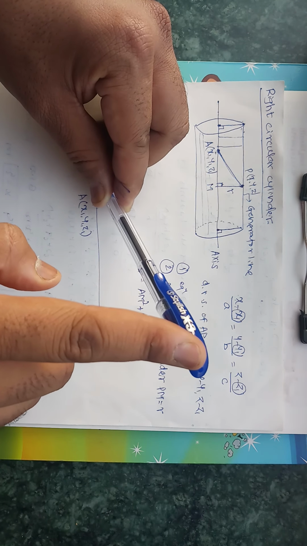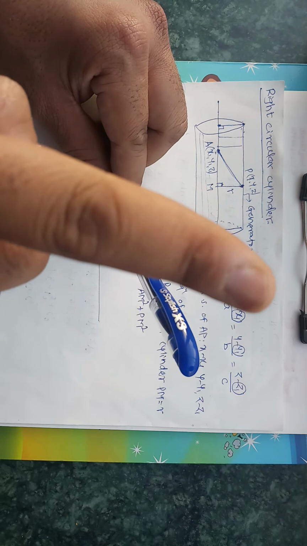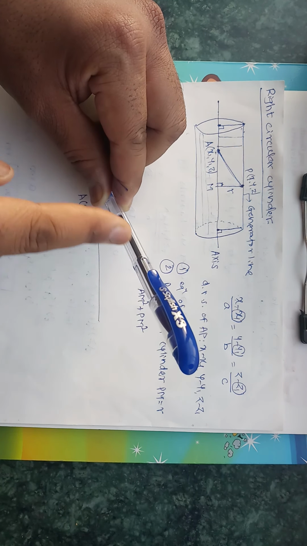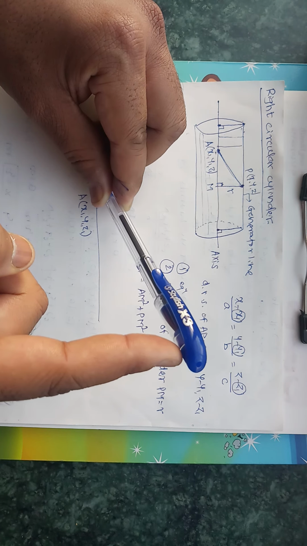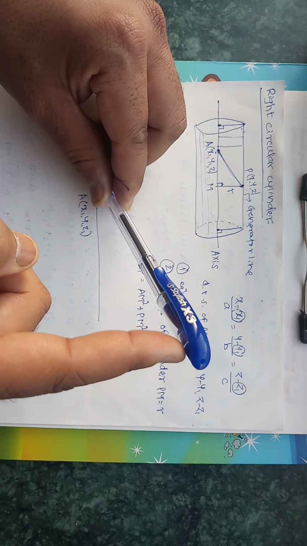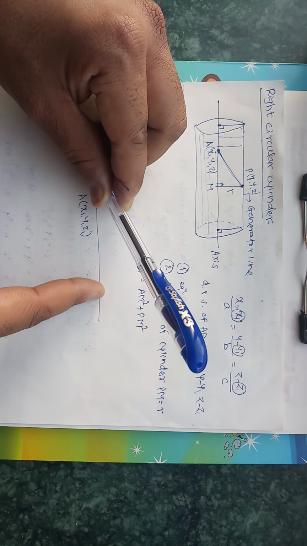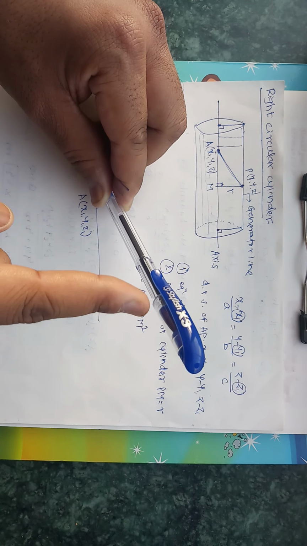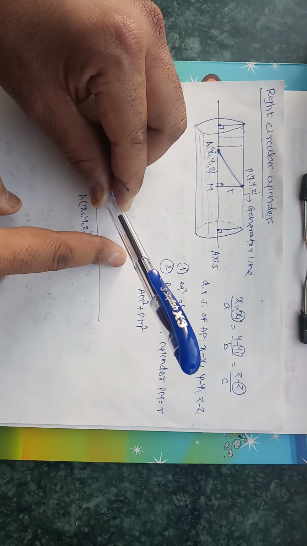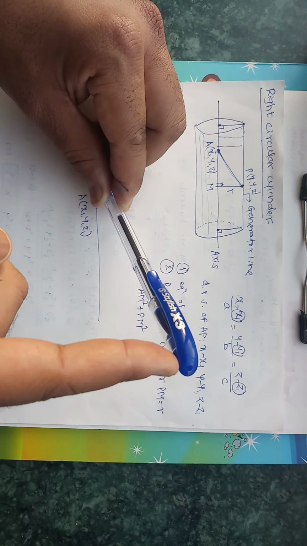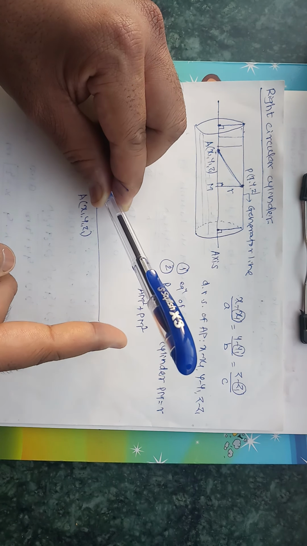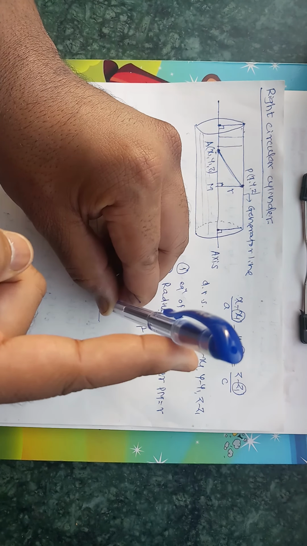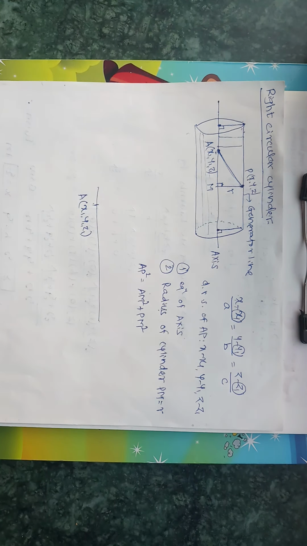P will be here. So if there are sun rays from top to bottom, what will be its shadow? This is the shadow of the pin, and if the sun rays are at right angle to the ground, that is the axis, then the shadow of this point will fall directly perpendicular on the ground, that means this PM.